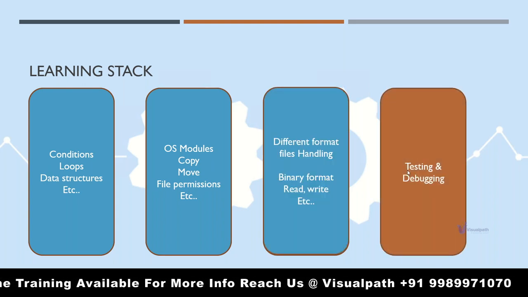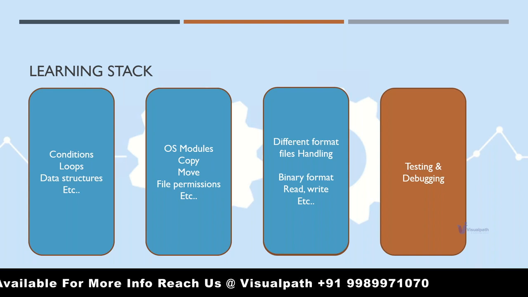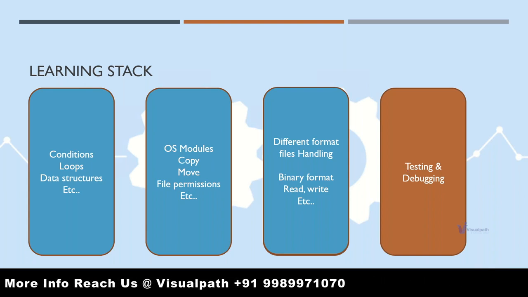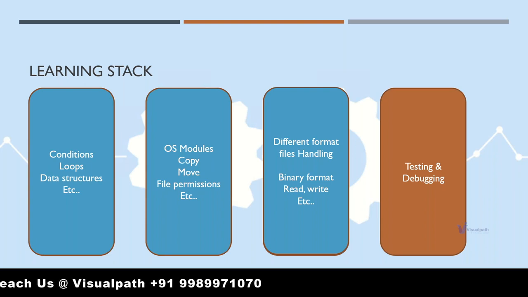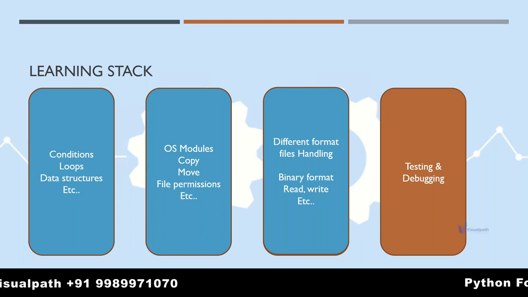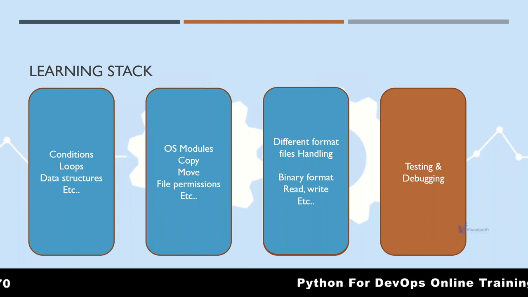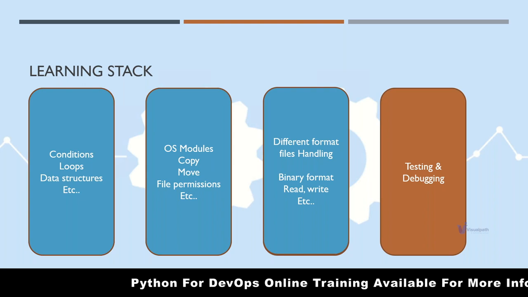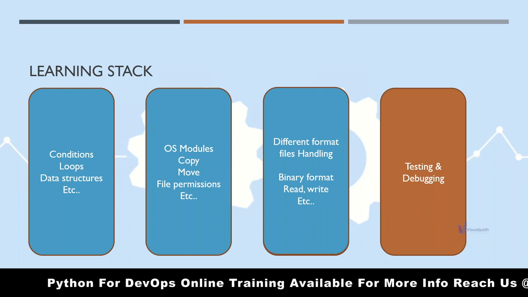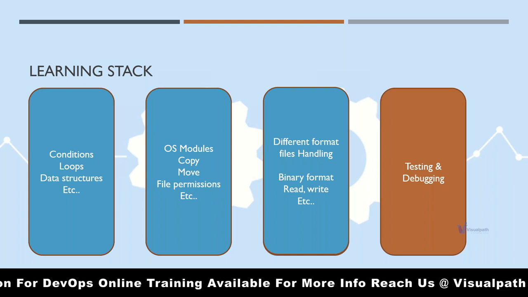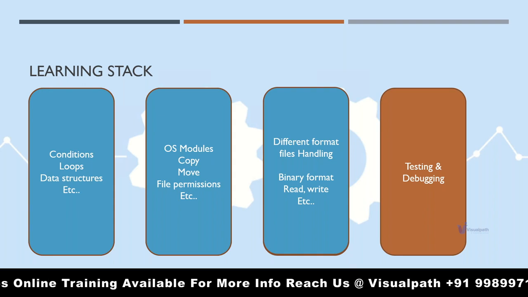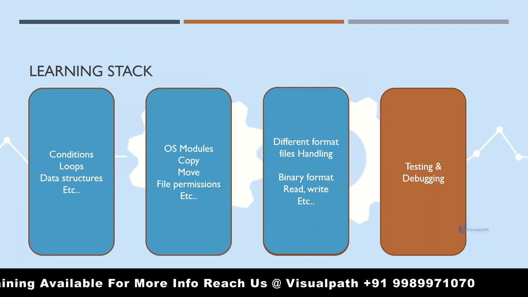That has been put in the curriculum. So going with the basics and then operating systems, then we have file handling. We need to interact with so many files like configuration files or log files, so you need to know file handling.